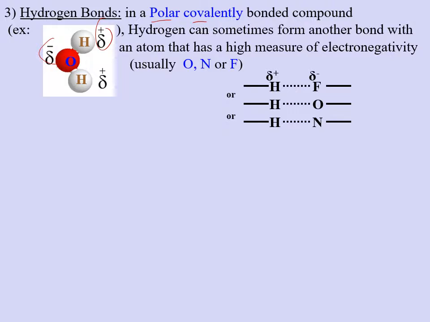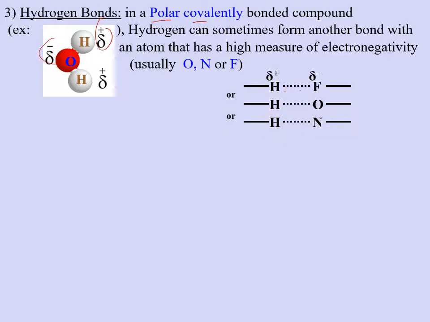So the way we represent that is not by the solid line, which you saw me use for covalent bonds or polar covalent bonds, but a hydrogen bond is represented by a dotted line. And of course, in reference to the name, you can't have a hydrogen bond without hydrogen in each of these scenarios. So hydrogen has to be there. It doesn't have to be on both sides, but it has to be there every time.